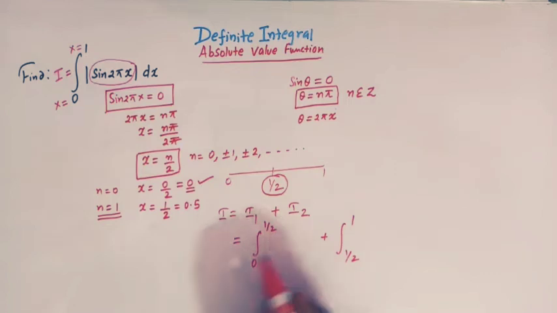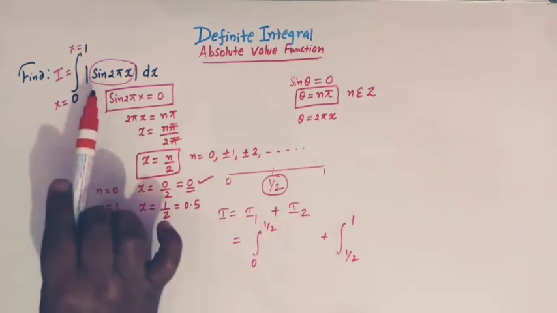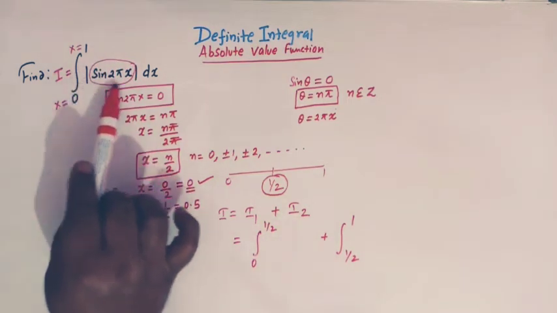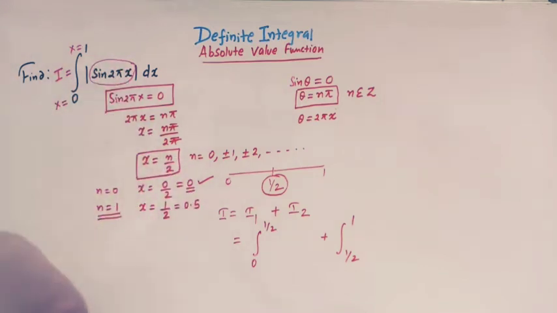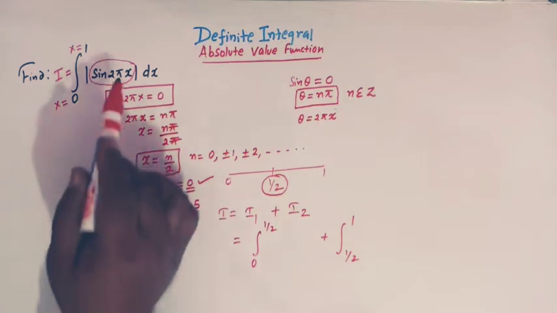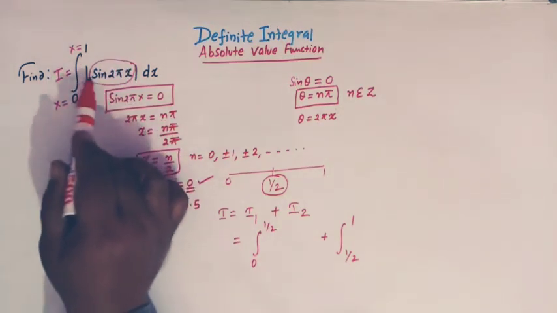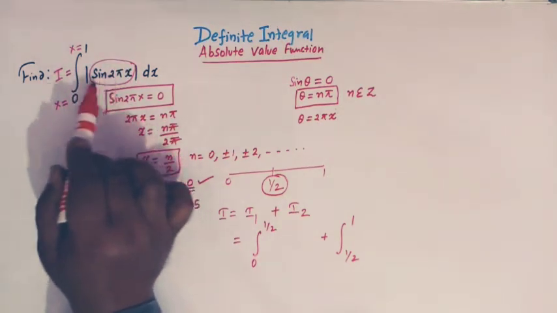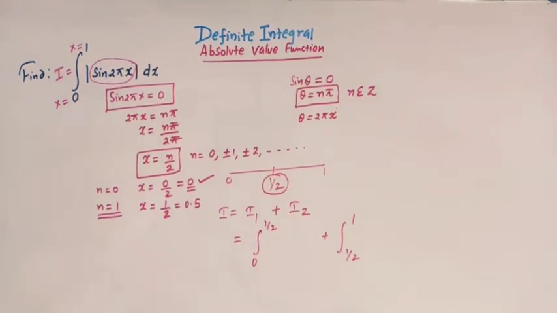Now we have to apply the concept of absolute value function, or the definition of absolute value function to decide the sign of this mod of sine 2 pi x.